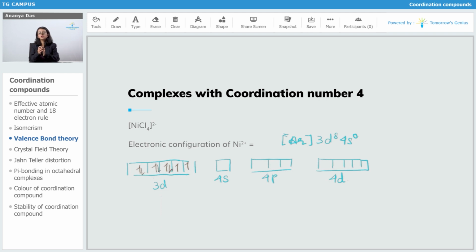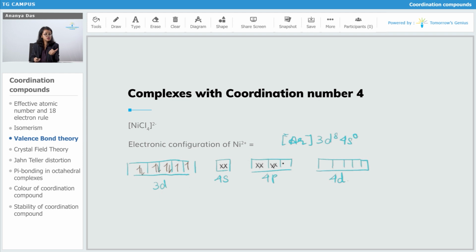Now what happened was in the previous ligand, that is CN negative, the electrons paired up. But chloride ligand does not provide that kind of environment for the electrons to pair up. So these electrons, they do not pair up. And the Cl has orbitals which have lone pairs. So the orbitals still require empty orbitals on the metal atom. So the orbitals they use are this and this.